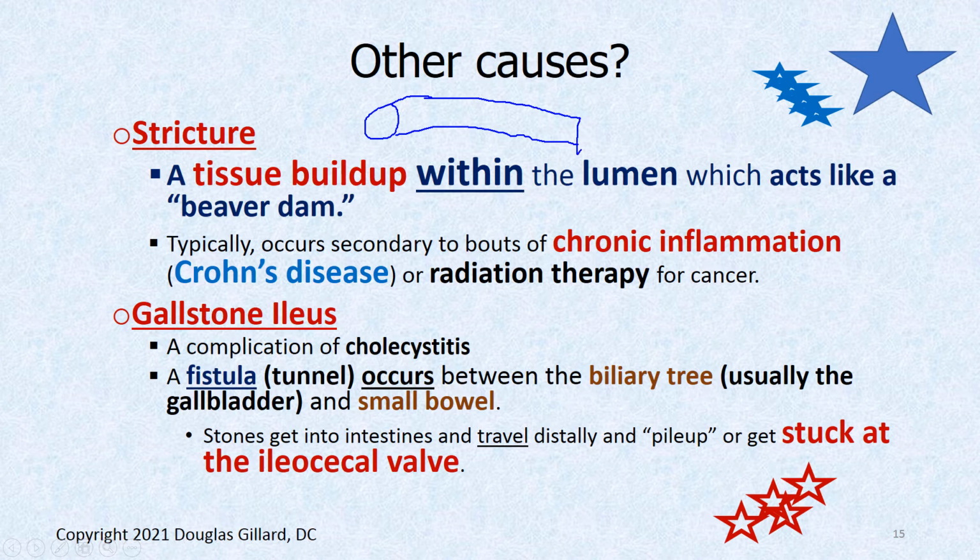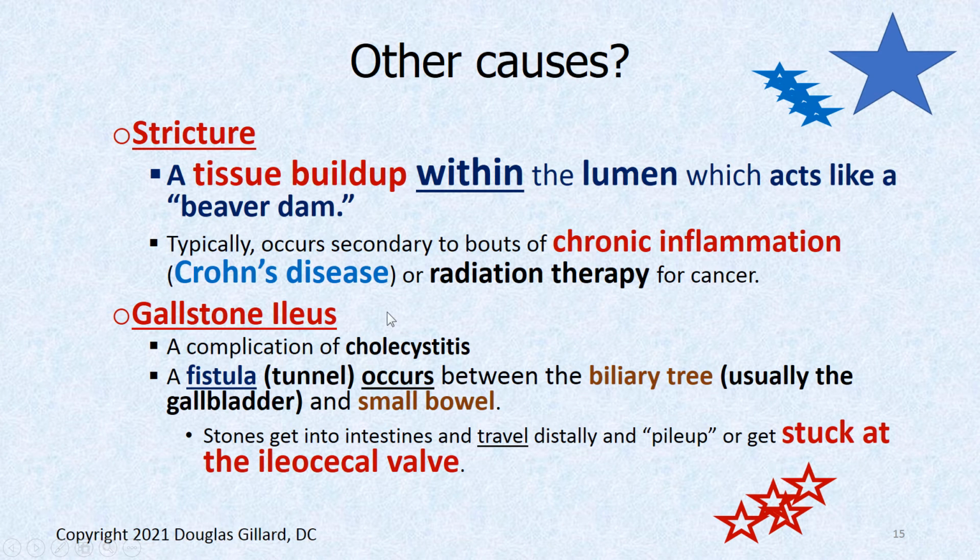And it keeps getting hit with inflammation after inflammation. You start getting scar tissue from the inflammation building up. And over time, that acts as a beaver dam, and food has trouble getting through there as well. Right? Radiation for cancer can do that as well.